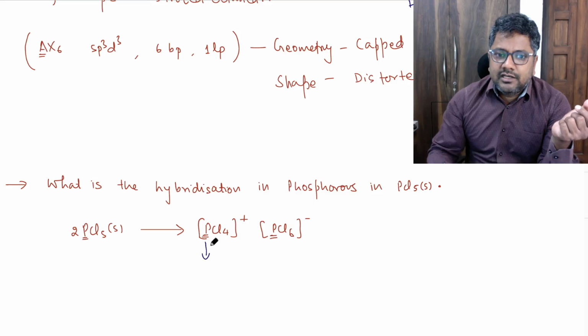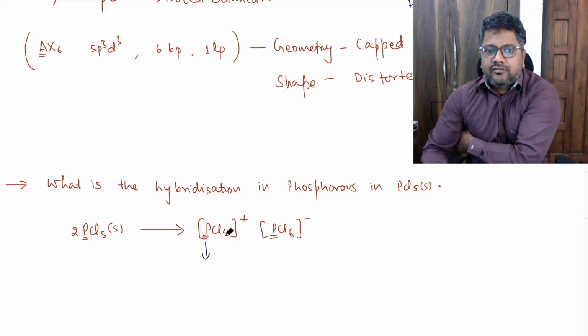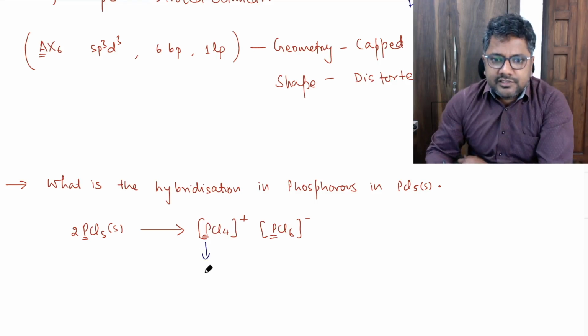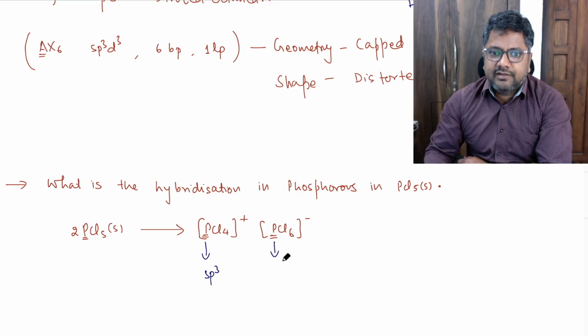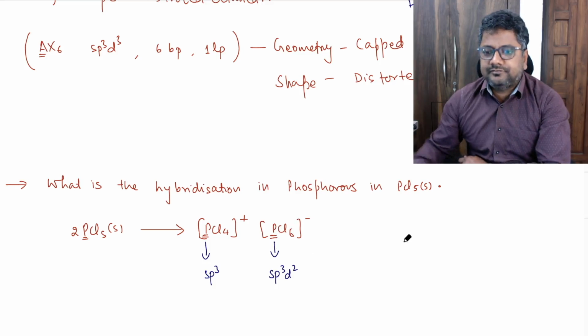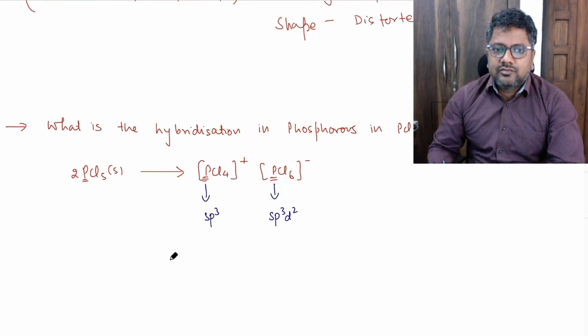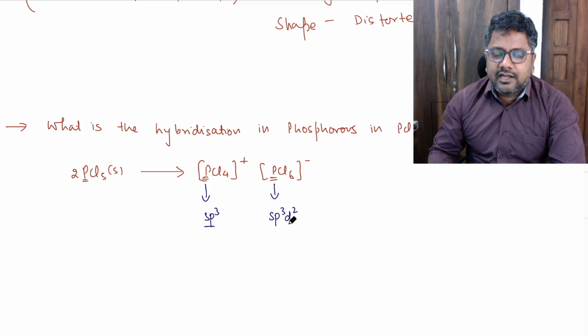So what should be the hybridization here? 5, 4, 9, 8. So this is sp3. And here 5, 6, 11 and 12. So this is sp3d2, right? So this is tetrahedral and this is octahedral, perfect octahedral.